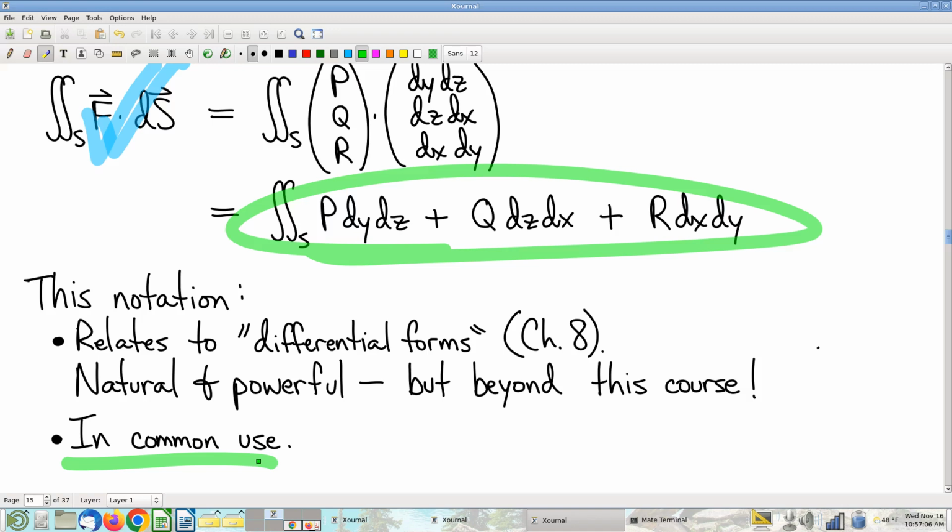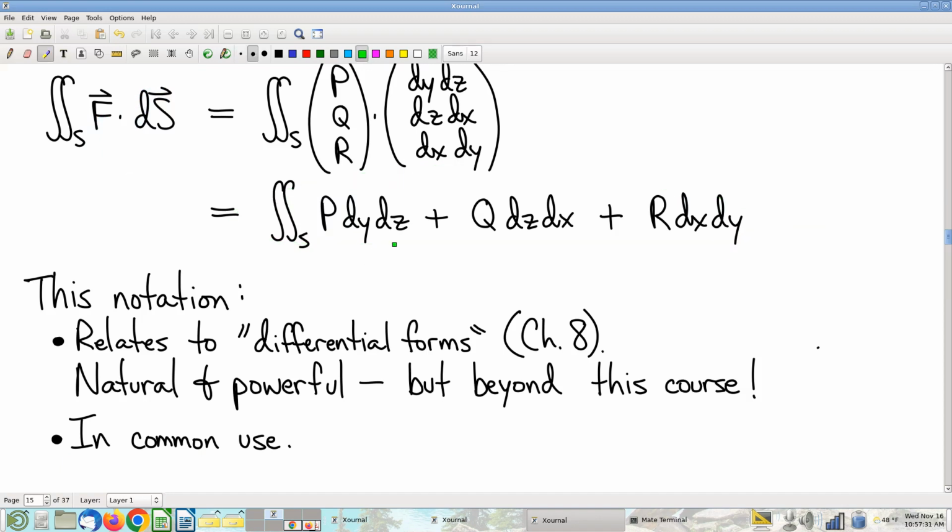If you think about it, this dy dz is not telling you about the area of a piece of surface or anything like that. It looks like a mismatch in a way. But when you see this, just keep in mind this is a very different notation for what is in fact just a regular old flux integral. Okay. All right. Questions?